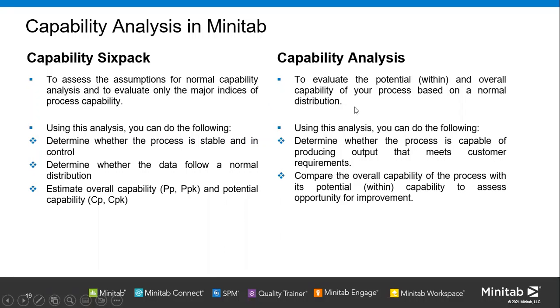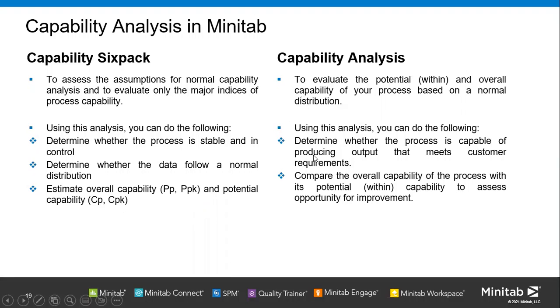But for the capability analysis, your objective is to evaluate the potential within and overall capability. In the Sixpack, you can determine whether the process is stable and in control, determine whether the data follow a normal distribution, and get the metrics of PP, PPK or CP, CPK.